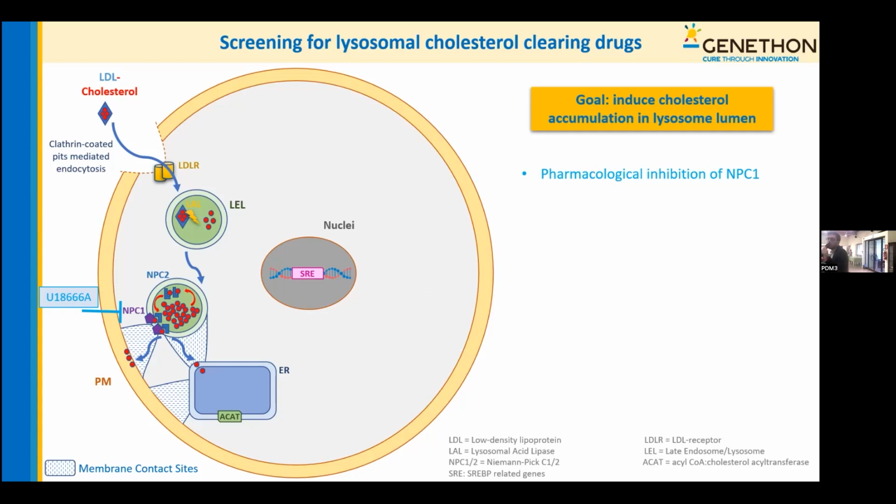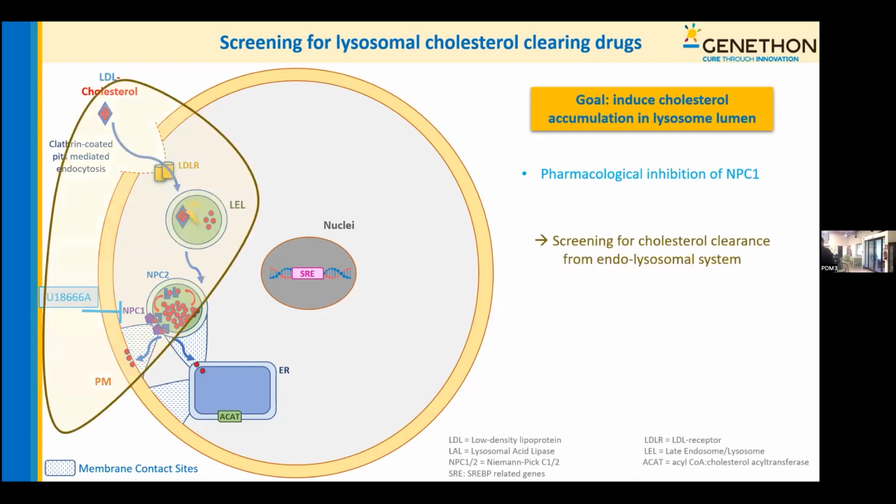It's called the Niemann-Pick receptor, which is involved in other lysosomal storage diseases. And what happens is that when we block this receptor, we have a cholesterol accumulation in the lysosomal lumen. And this would allow us to screen for cholesterol clearing drugs from the endolysosomal system.